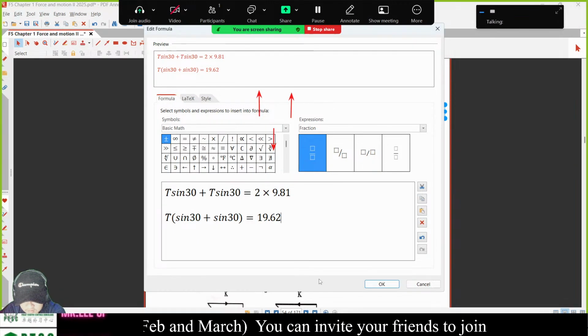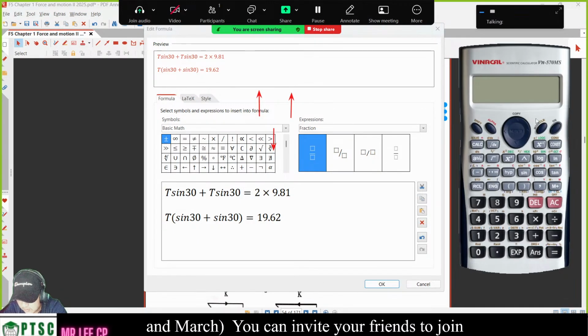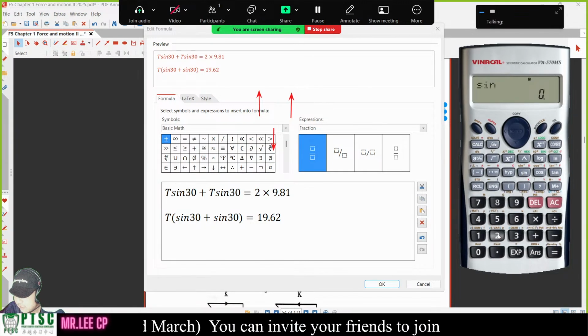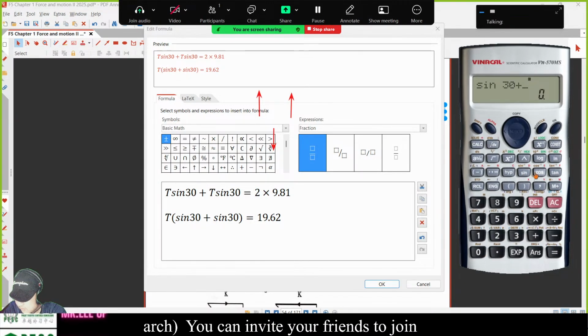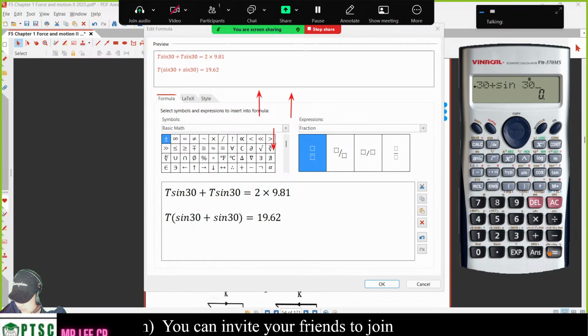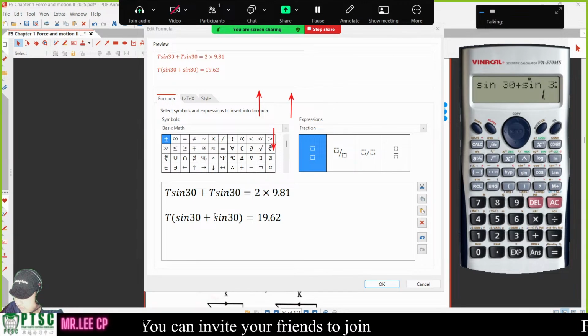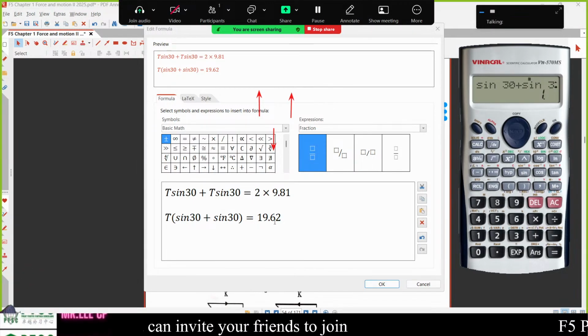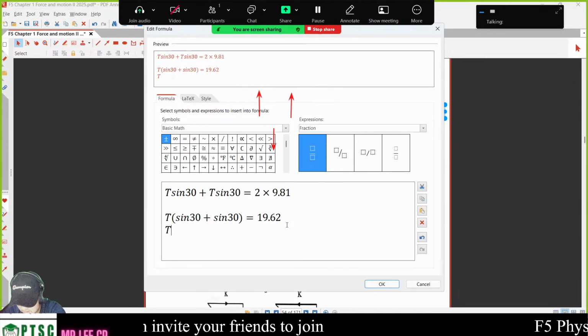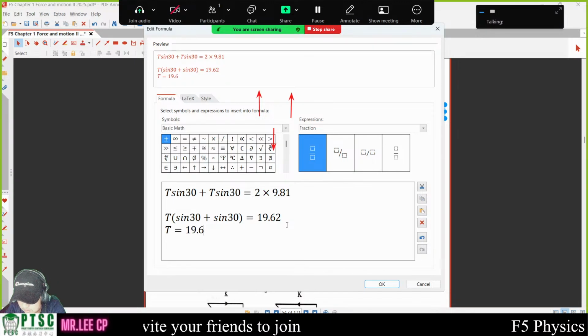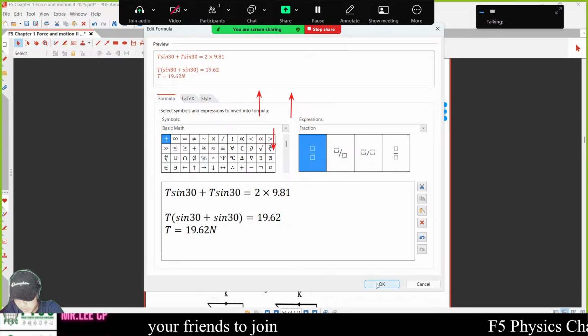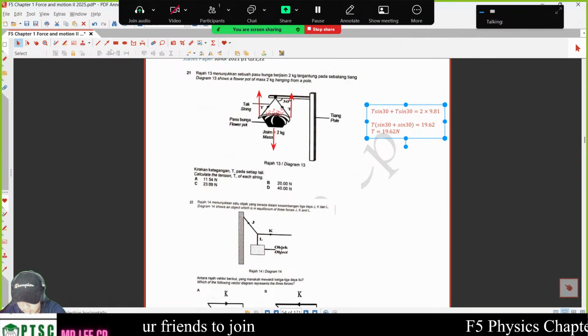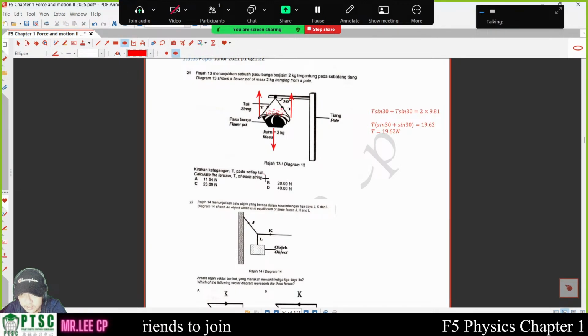So sine 30 plus sine 30, you press in the calculator, you get 1. So T times 1 is 19.62. So T is equal to 19.62. If you round off, it will be 20. Alright, so we put the answer as 20.